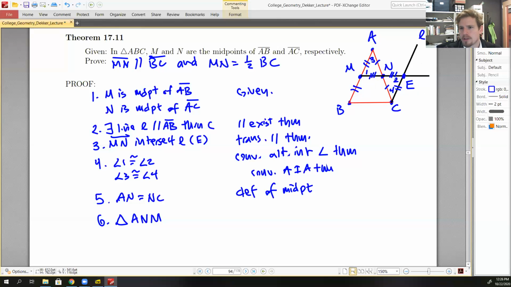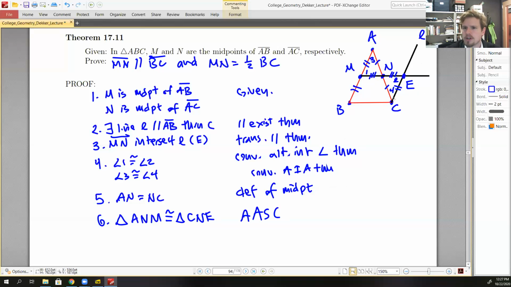So angle 3, angle 4, and then we're passing through the congruent sides. So triangle CNE. And that's given by angle, angle, side.